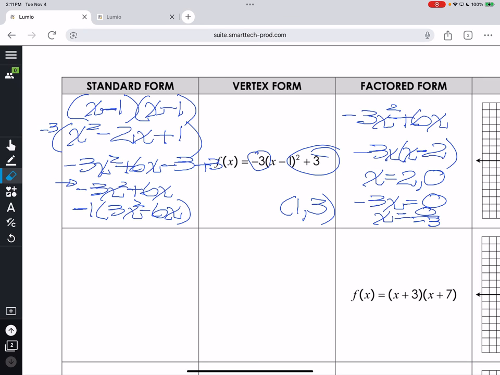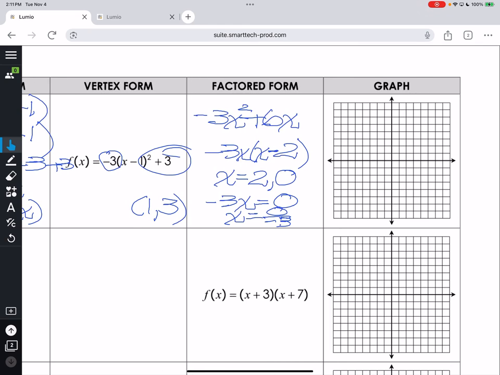So if we go to 1 and 3 for our graphing, and we go to graph this, instead of using 1, 3, 5, what would we use? Well, we're multiplying it by the lead coefficient, -3.